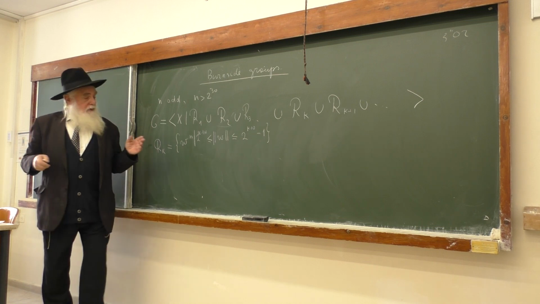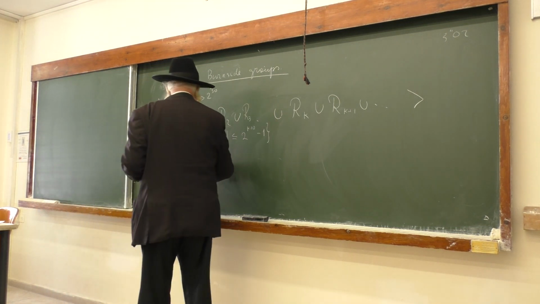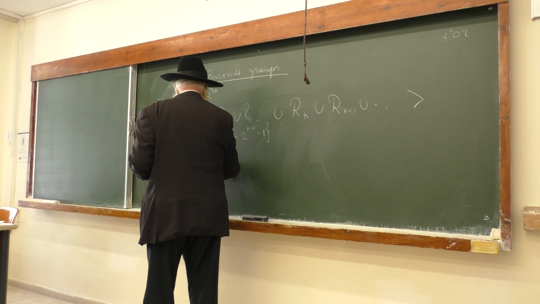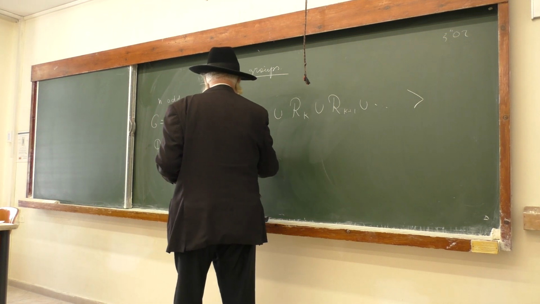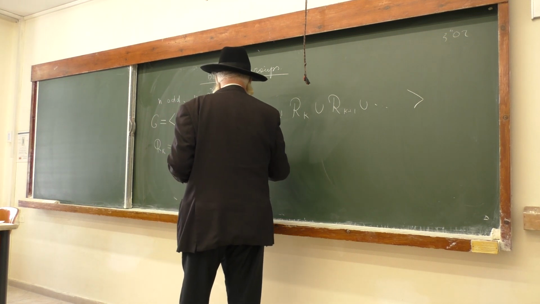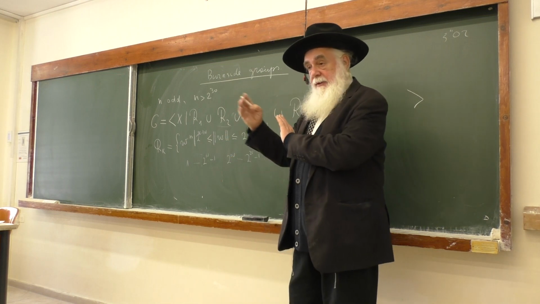I mean from 1 to the power 10 minus 1, from 1 to the power 10 to 1 to the power 20 minus 1, etc. So everything is divided this way in a geometric progression.